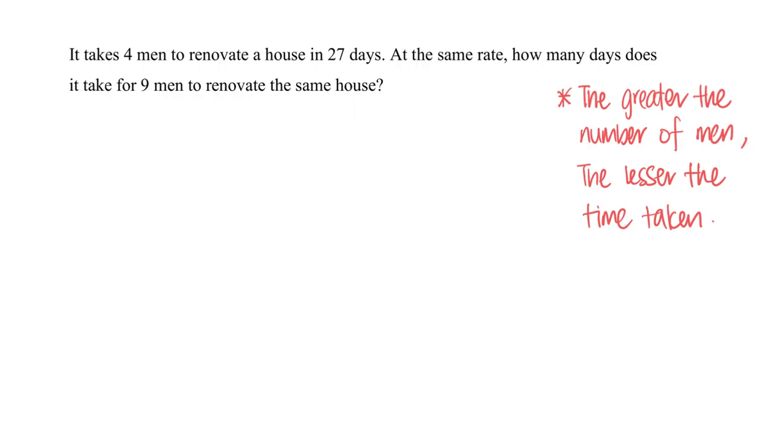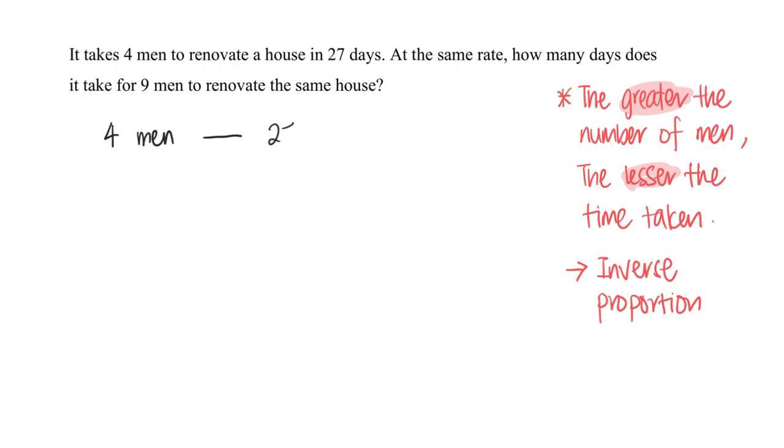So this is important because now I know that it goes opposite direction. And from here I can see that this is actually an inverse proportion question. Okay? And therefore, when you see my working, 4 men takes 27 days to renovate this same house. 1 man, because it is inverse proportion, right?